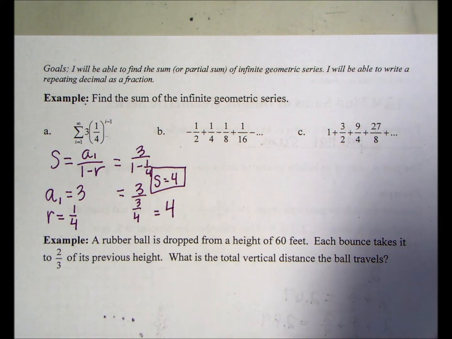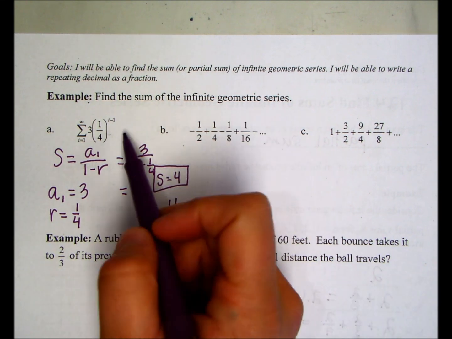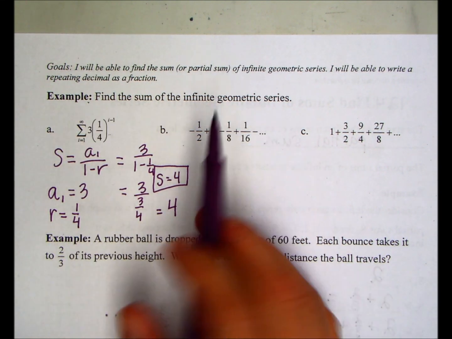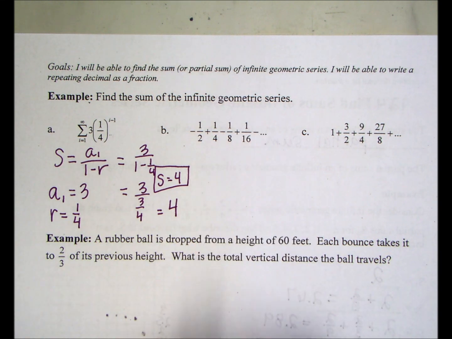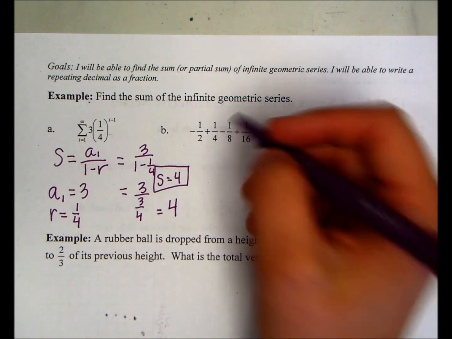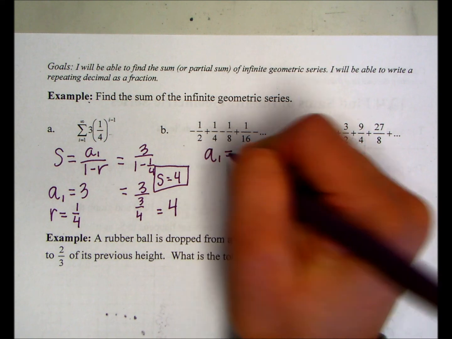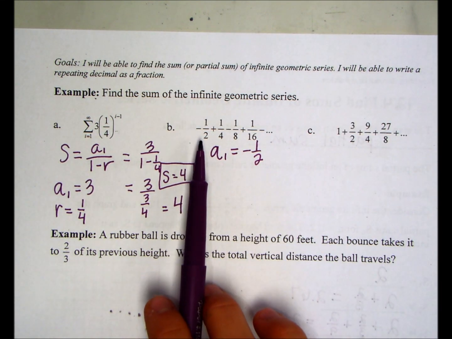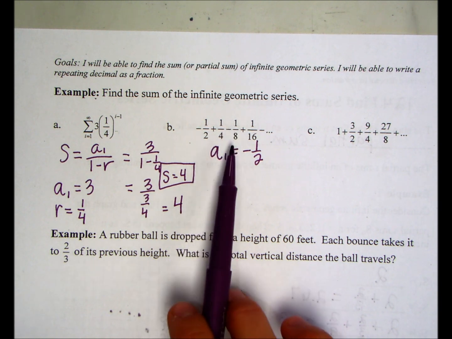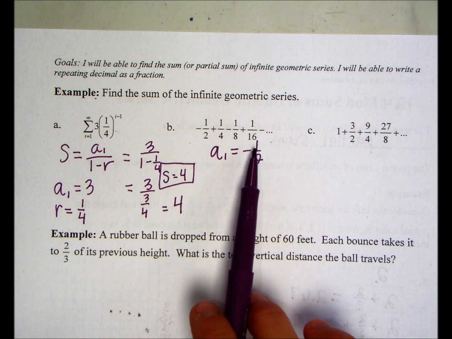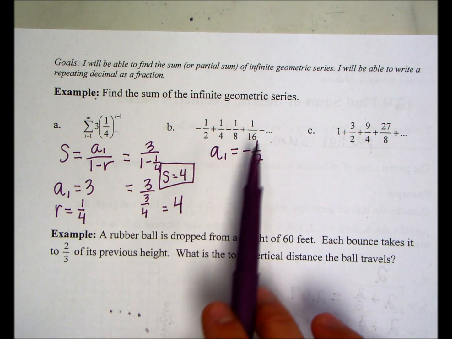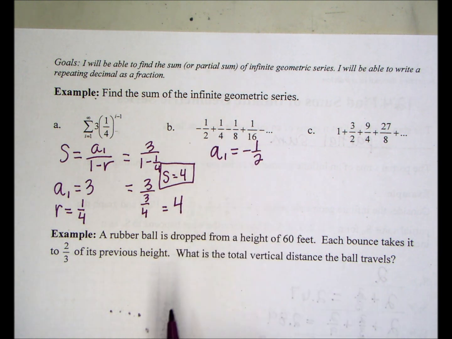Okay, if I look at the second one, now they don't give it to me in summation notation. They just list the values and the terms. So I still know that my first term is -1/2. If I look here, I'm going from -1/2 to 1/4 to -1/8 to 1/16. What I'm doing here is just multiplying by -1/2.